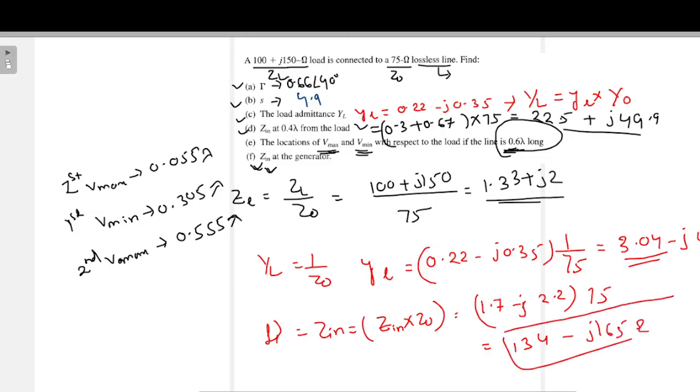So this is the answer we will get for Zin. We have to move a distance of 0.6 lambda from the load, then we get the value of Zin. Like this you can solve using the Smith chart.